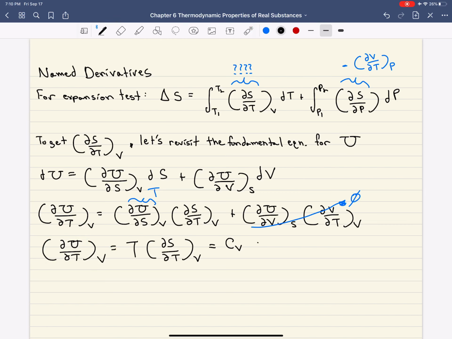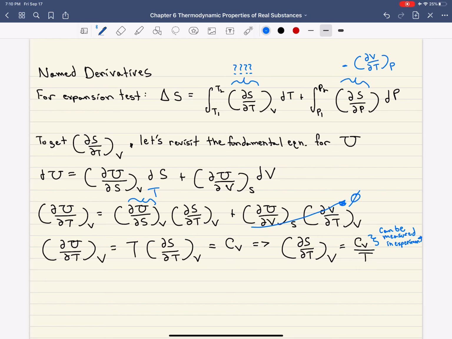And so what this tells us is that dS/dT at constant V is just going to be equal to the heat capacity at constant volume divided by temperature. And this heat capacity is something that can be measured in experiment using a calorimeter.